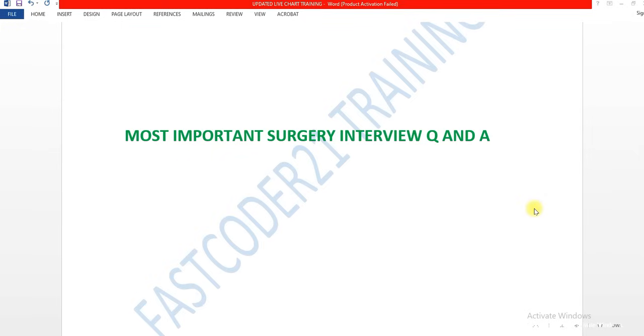Append modifier 58 if the re-excision procedure is performed during the post-operative period of the primary excision procedure. Okay. So here they will not ask anything.